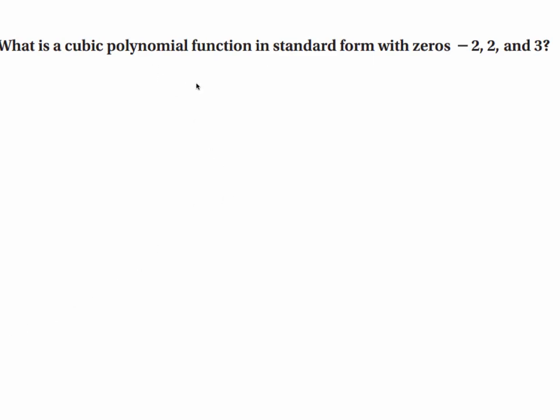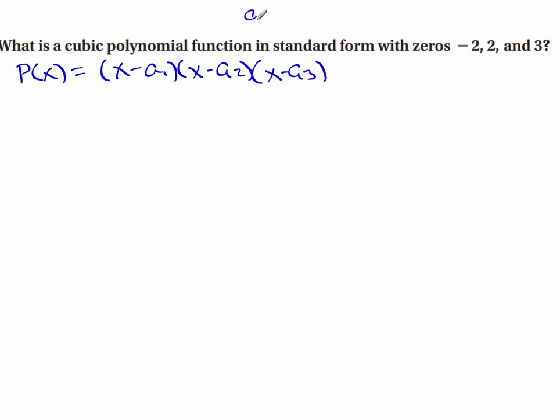What is a cubic polynomial function in standard form with zeros -2, 2, and 3? So I'm asking, what is a polynomial that has x minus a1, x minus a2, x minus a3, where a1 is equal to -2, a2 is 2, and a3 is 3.